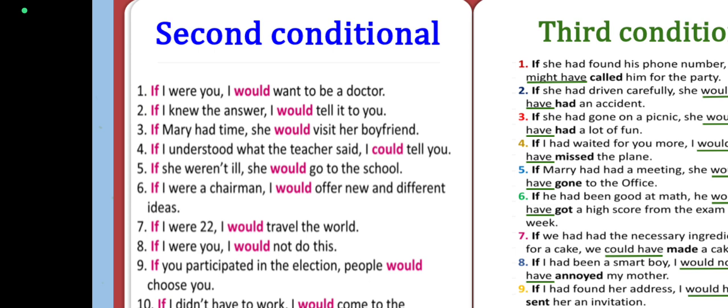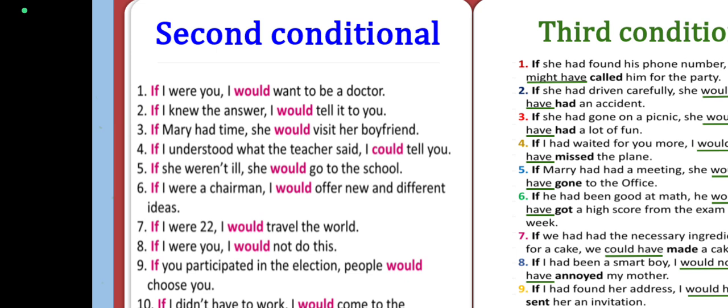If I were you, I would want to be a doctor. If I knew the answer, I would tell it to you. If Mary had time, she would visit her boyfriend. If I understood what the teacher said, I could tell you.